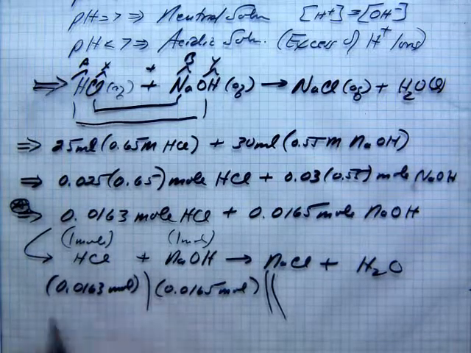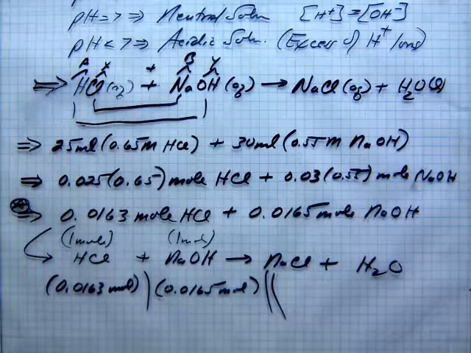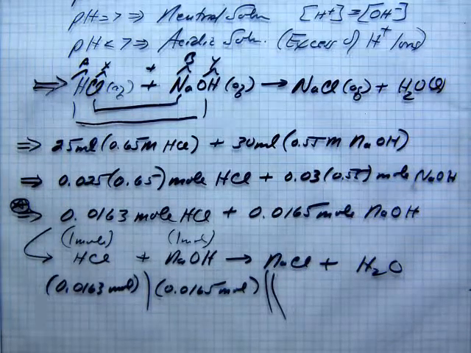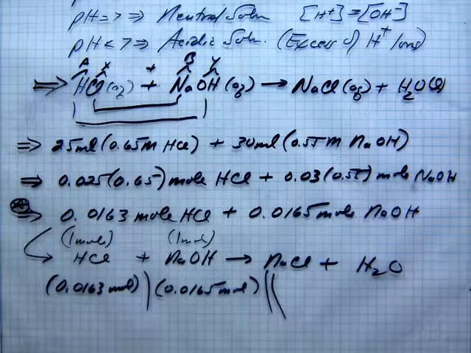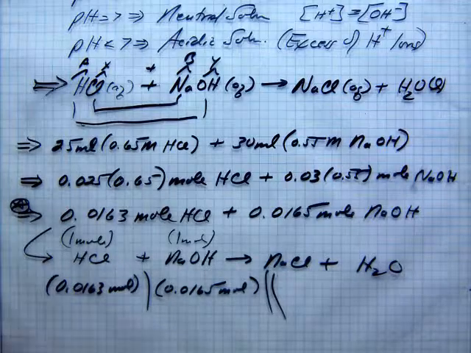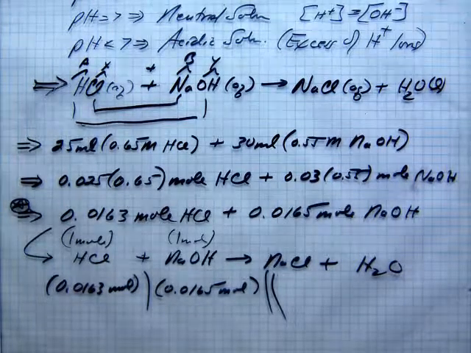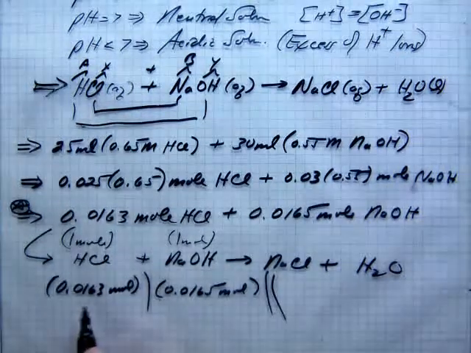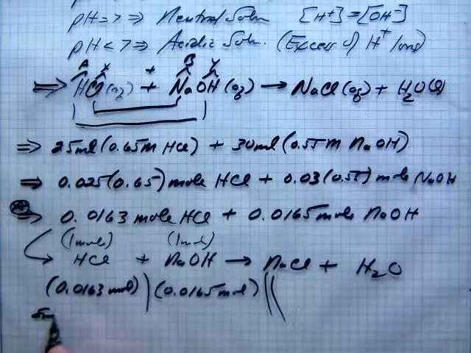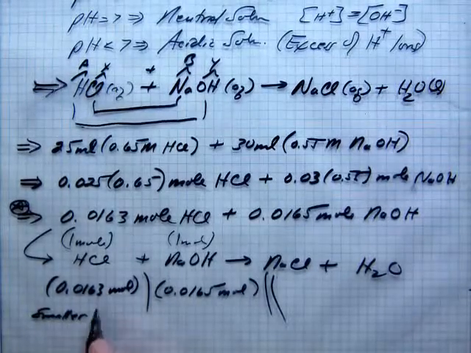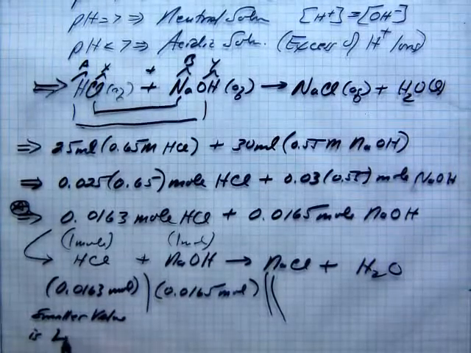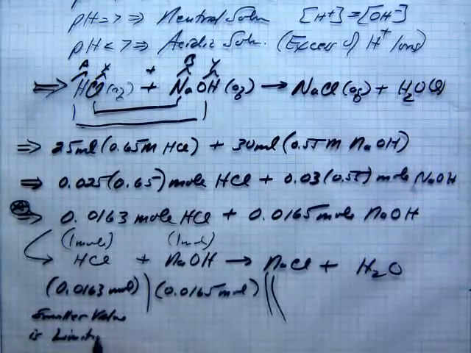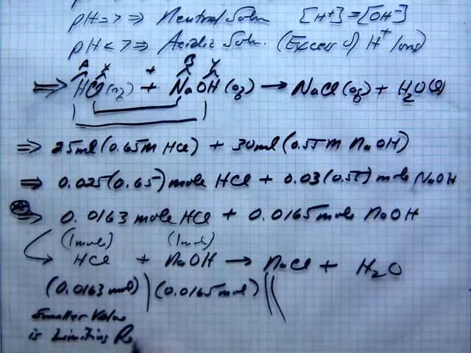I could divide by 1, but both of them are divided by 1. Okay, you remember how we did that? Divide by the related coefficient, and the smaller of the two gives you the limiting reagent. But we divide both of them by 1, here we have the moles. Well, the smaller value is the limiting reagent right here.